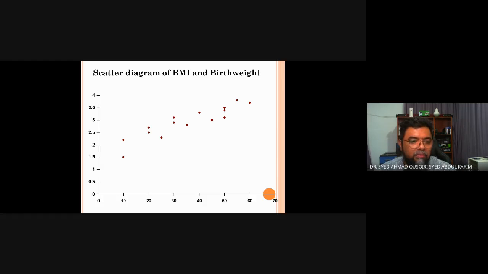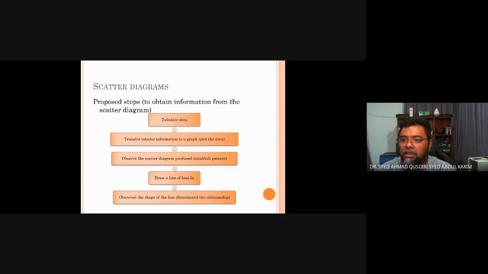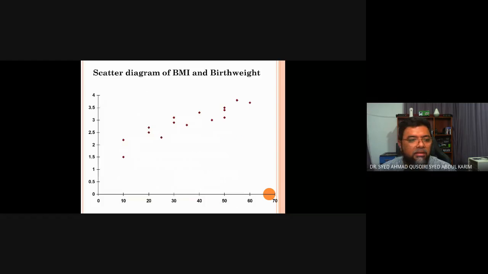Okay, but it is nonetheless a direct or positive linear relationship. If it's a negative linear relationship, it will cross like this.